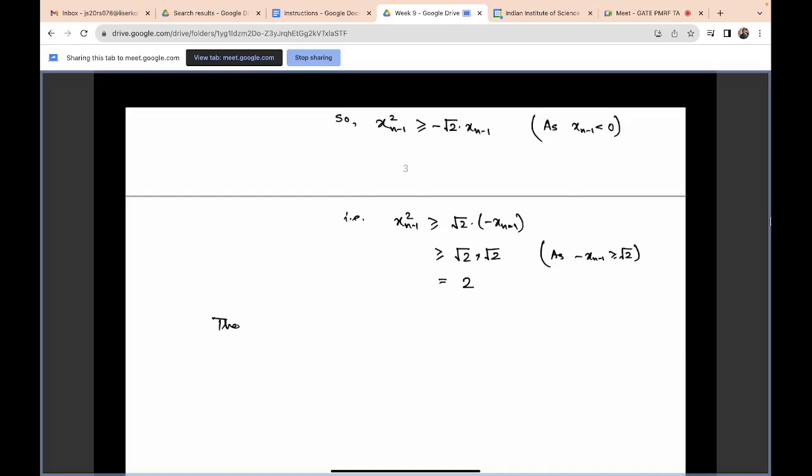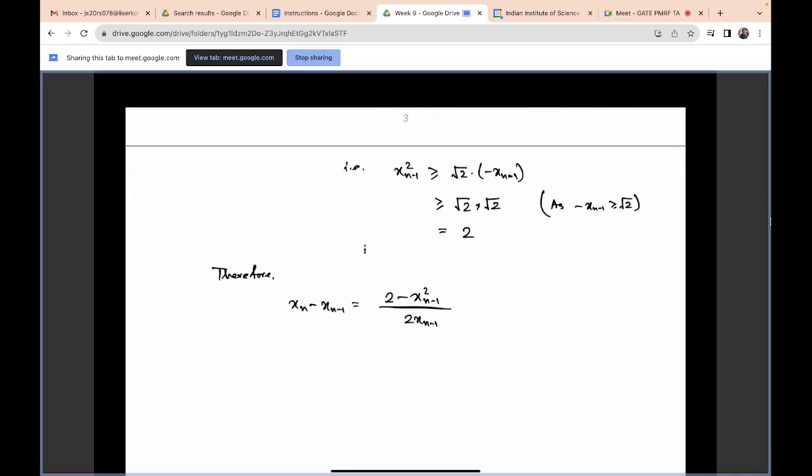Therefore, xn minus xn minus 1 is 2 minus xn minus 1 square by 2 xn minus 1.